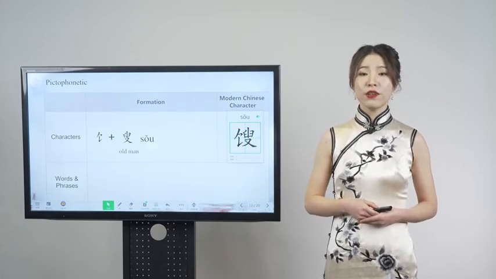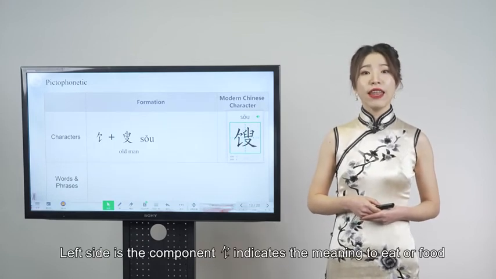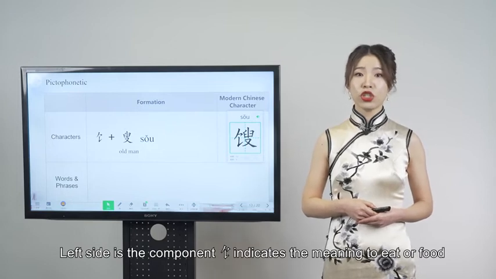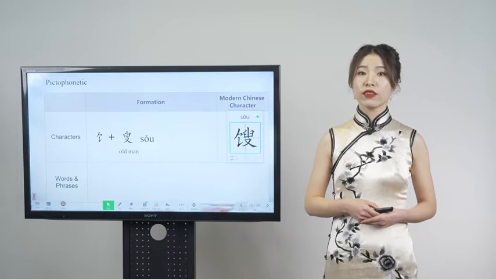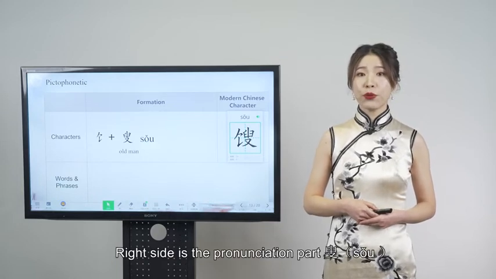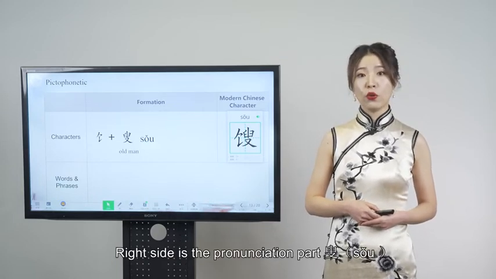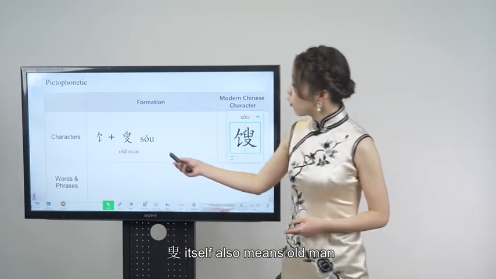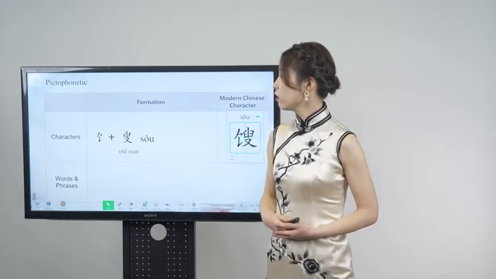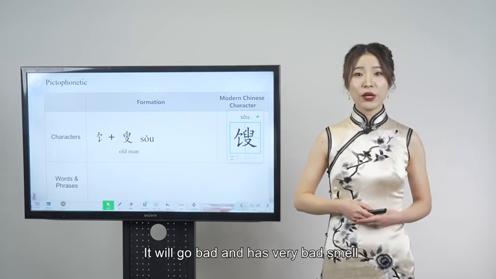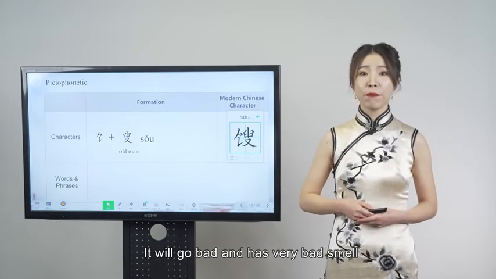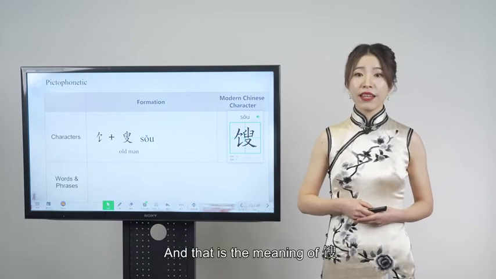Phonetic character 馊. Left side is the component 食, indicates the meaning to eat or food. Right side is the pronunciation part, 叟. 叟 itself also means old man. So what if the food gets old? It will go bad and have a very bad smell. And that is the meaning of 馊.